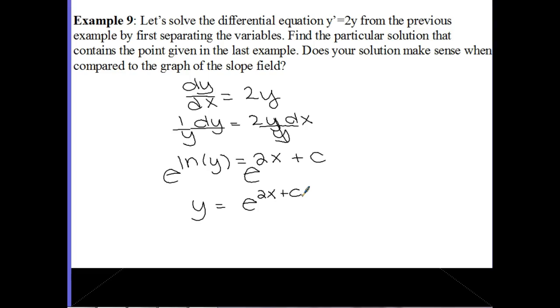Does dy just become 1? Wait, okay, dy became the ln of y? Because the derivative of natural log of y would be 1 over y. Derivative of ln y is 1 over y. Okay. If you take the antiderivative of dy, wouldn't it just become y and the y would cancel out? But the other side has a y.